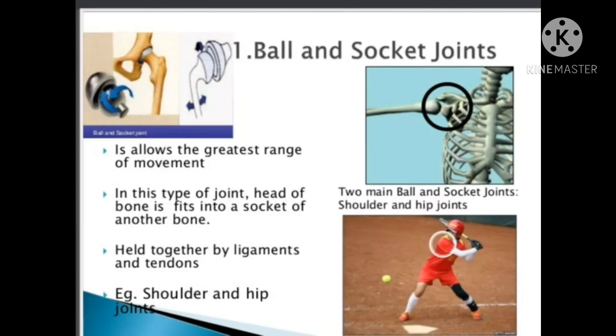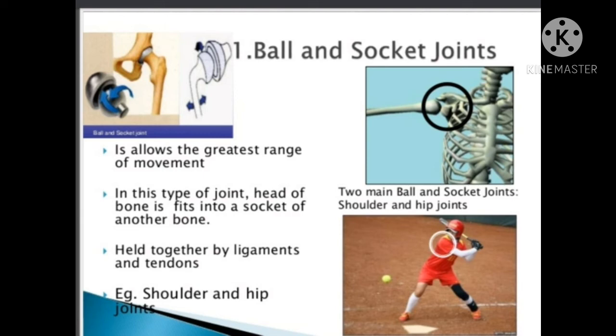Ball and socket joint. This allows the greatest range of movement. In this type of joint, the head of one bone fits into the cup-like cavity of the other bone, and these are held together by ligaments and tendons.